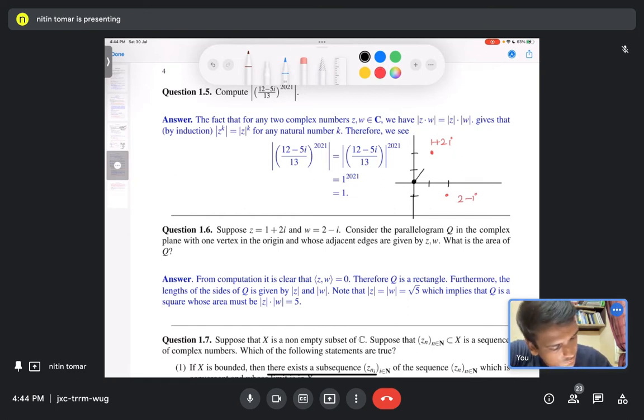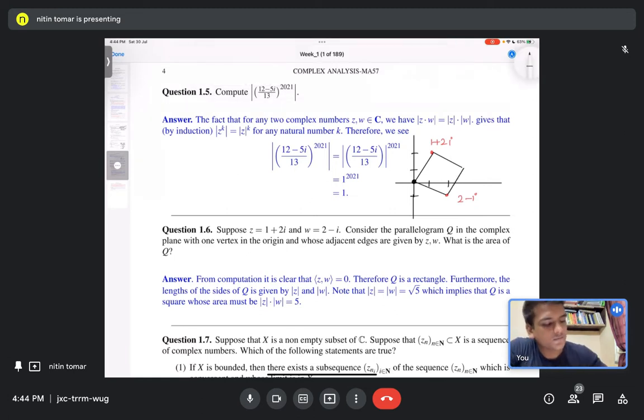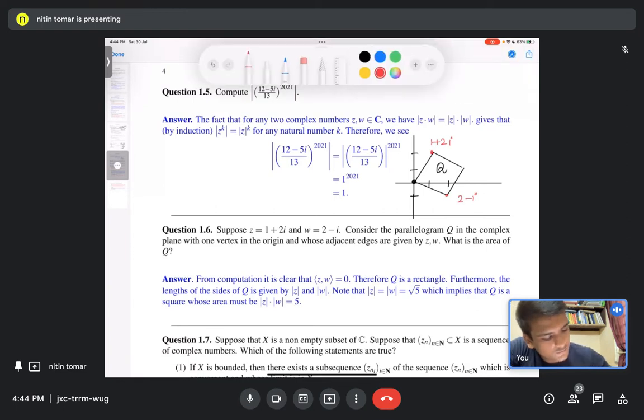So if you join these two points and consider the parallelogram drawn by it, this is my Q. Just to avoid confusion, this was my Z, this was my W. This length is mod W, and this length is mod Z. So the question is, what is the area of Q?